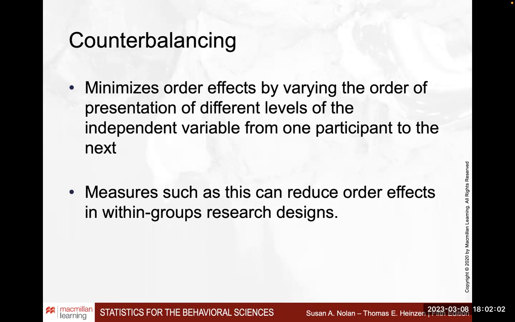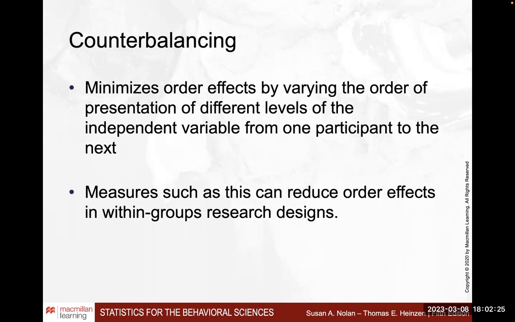Thereby you balance this effect out and you see whether there's still an effect, even though you may have an order effect. So you're trying to create a balance of individuals having one period first and the other period first for the second group. This is counterbalancing.